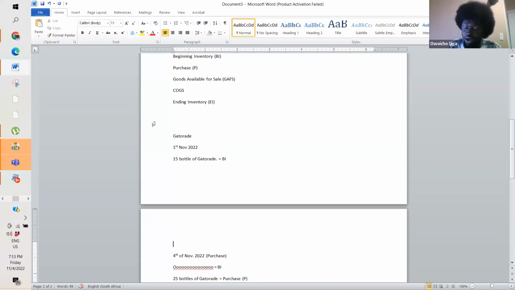And the medium size cost, let's say, $4 per bottle. This becomes the unit cost, okay? This is how much it's costing me. So there's a difference between unit cost and unit price.